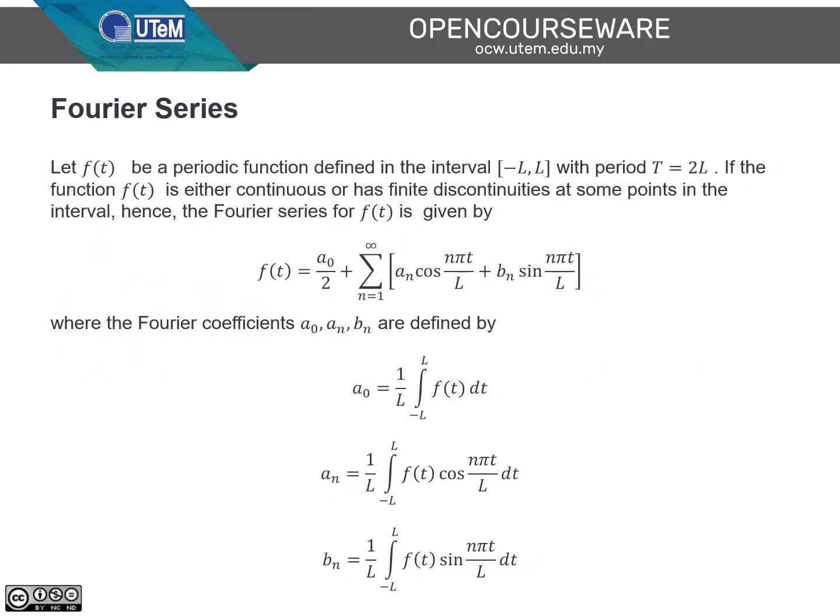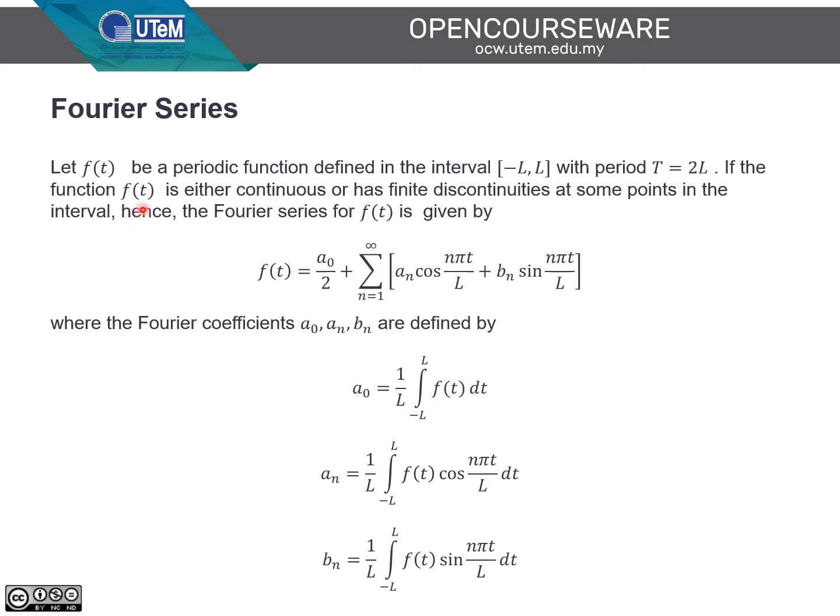In this slide, I'm going to show you the formula of Fourier series. Let f(t), a periodic function, be defined in the interval t from minus L to L with period T equals 2L.